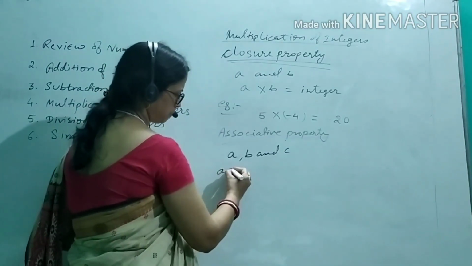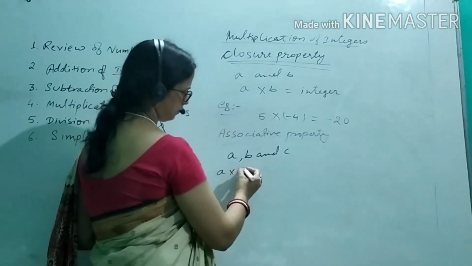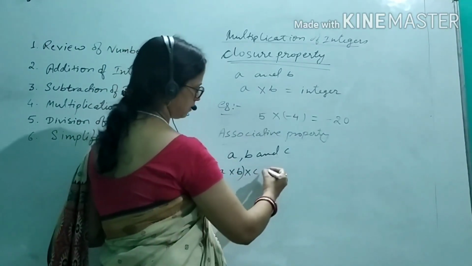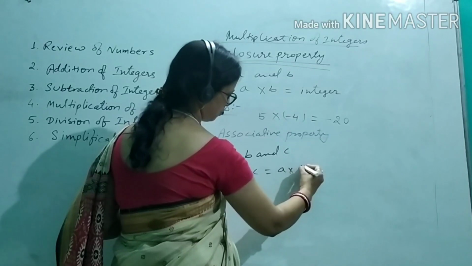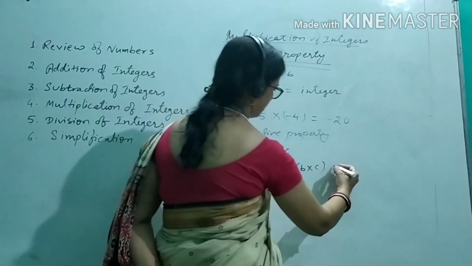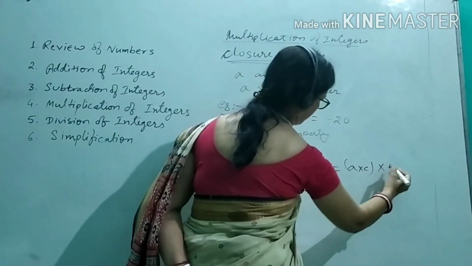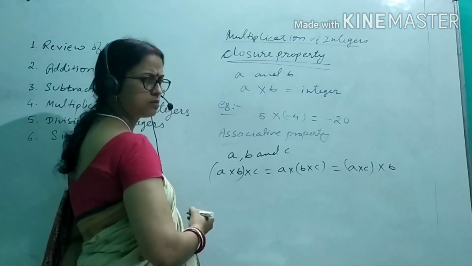If we multiply a and b within the bracket into c, or a into b into c, or a into c into b, we are going to get the same result.